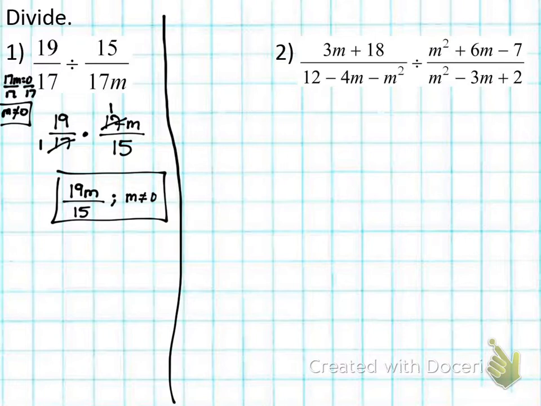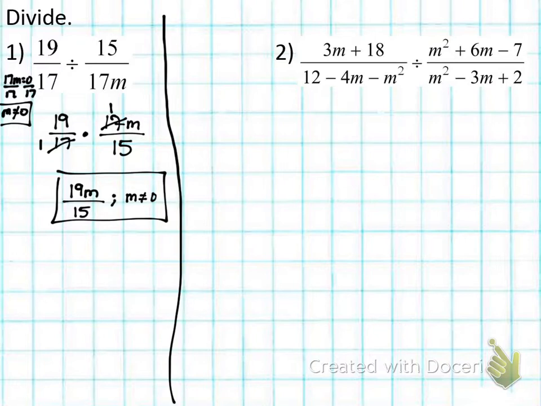Number 2. This one's kind of long and intense, so I wanted to show you the hardest one you could get. So number 2, we have 3m plus 18 over a trinomial, divided by a trinomial over a trinomial, okay? The first thing I want to do is ask myself, are there any excluded values here? So the first thing I want to check is this first denominator, 12 minus 4m minus m squared.